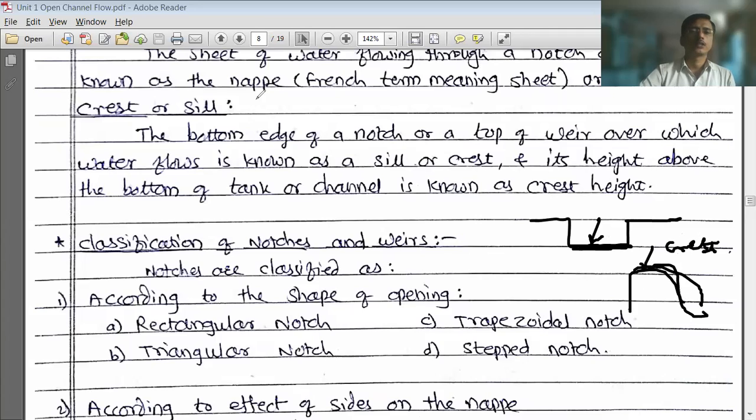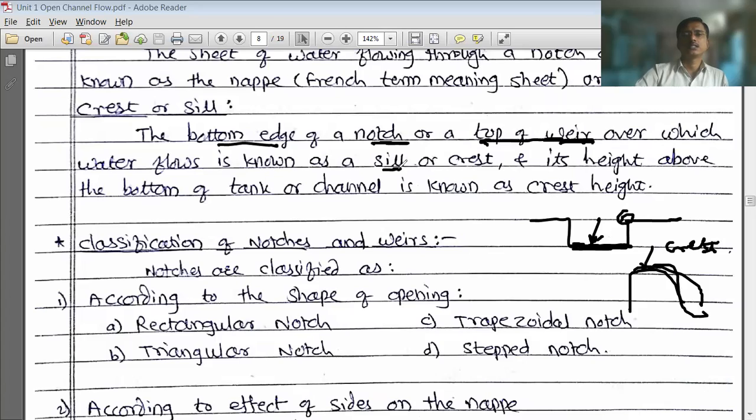Okay, the bottom edge of a notch, or the top of the weir over which water flows, is known as a sill or crest. जर नॉच असेल तर त्या केस मध्ये आपण काय म्हणणार, we call it the bottom edge. Okay, this is the top edge, this is the bottom edge. And in case of weir we call it the top of the weir, over which water flows.